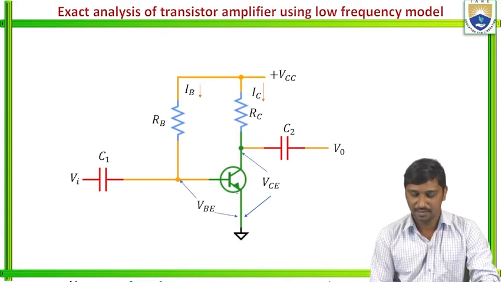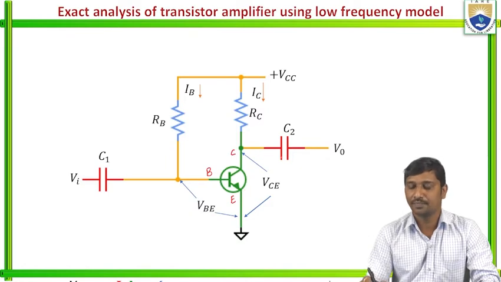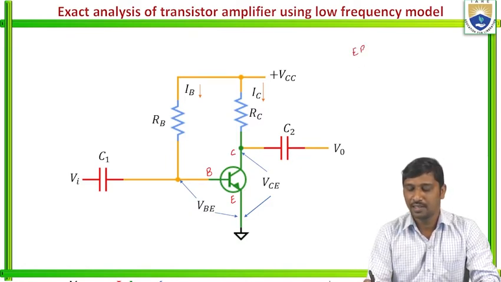For this case, by using this common emitter configuration, we know that this terminal is the collector, base, and emitter. Based on the transistor construction, it contains two types of junctions. One is the emitter base junction, another one is the collector base junction.